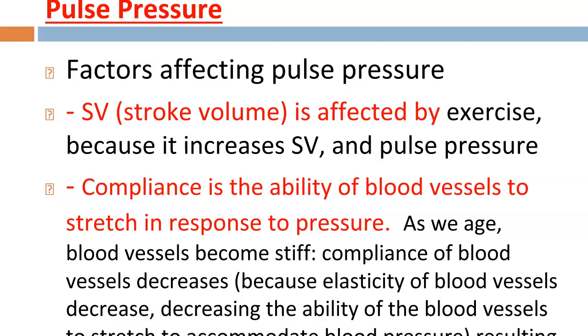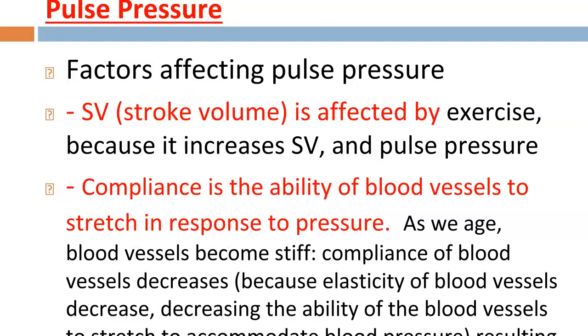The more blood volume, the bigger the stroke volume, because the ventricles are going to increase contractility. So exercise is one of the events that increases blood volume, increases contractility, therefore increases stroke volume, and with that, the pulse pressure increases.